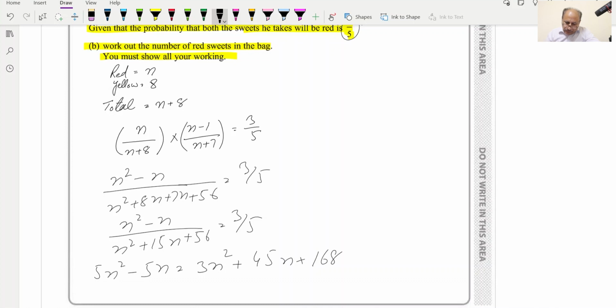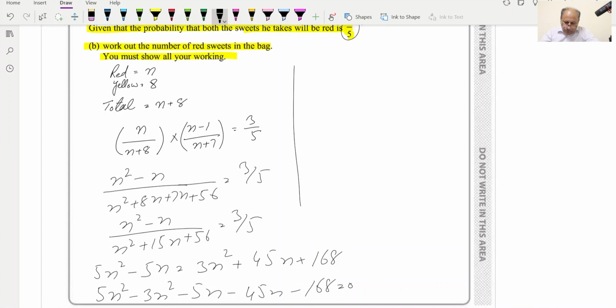So 168. Now we can shift everything to this side, and we will get 5n squared minus 3n squared minus 5n minus 45n minus 168 is equal to 0.